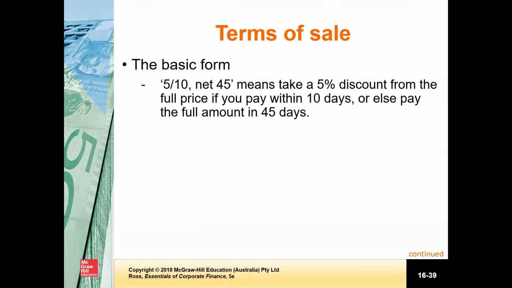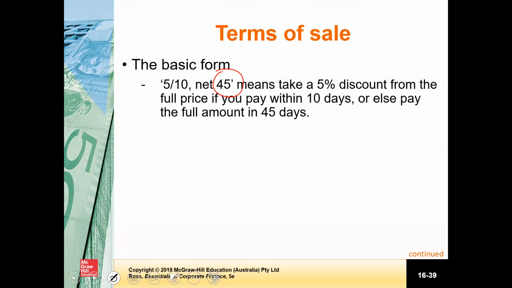First of all, terms of sales. As we mentioned in the previous slide, the terms of sales are made up of three distinct elements: the period for which credit is granted. For example, the basic form of a term of sales is 5/10 net 45.